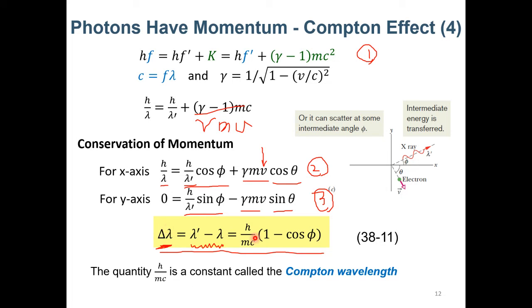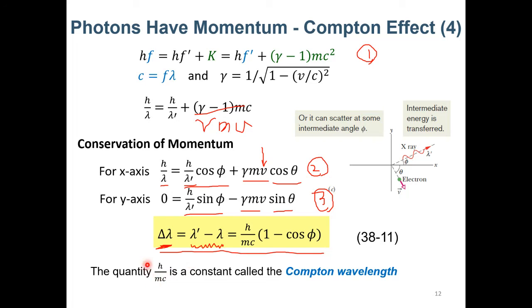But if phi becomes larger and larger, cosine phi can only be smaller than 1, so 1 minus cosine phi should be larger than 0, which means that the delta lambda should become longer and longer, which means that the energy of the X-ray is absorbed by the electron.